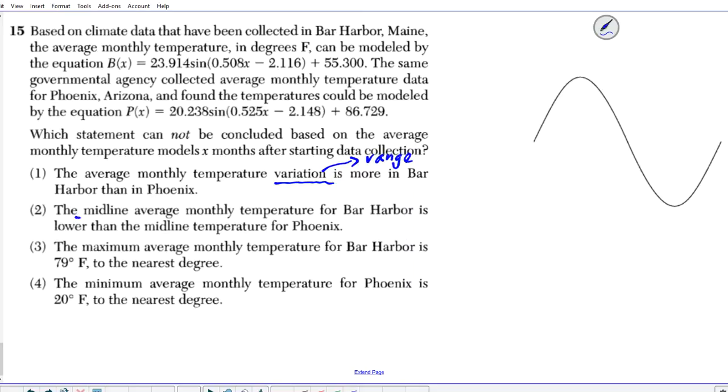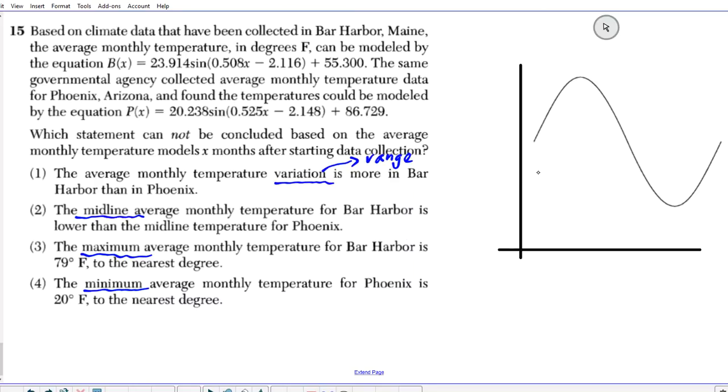And then we have midline, we have maximum, and we have minimum. Okay, so we're going to take a look at a sine function here because we're looking at sine. That's what we're provided with. And what on earth are these terms if you were given a sine function? So let's give ourselves a visual of what they are, and I'll also go over how to compute each component.